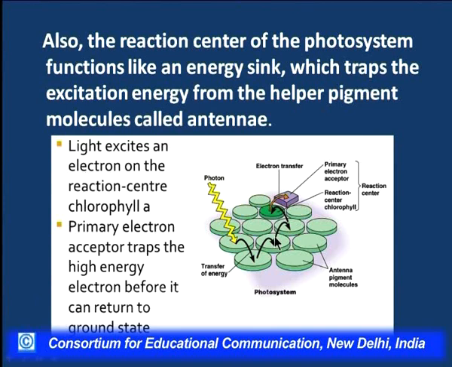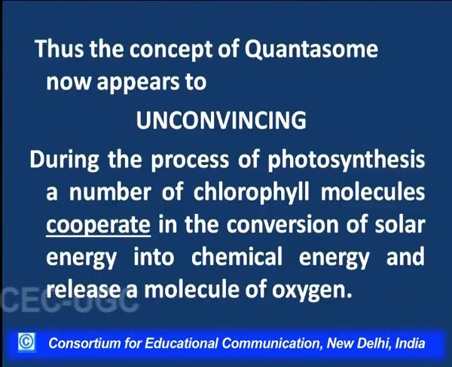Once it returns to the ground state, it would again require an expenditure of energy, or energization. Ultimately the energy reaches the reaction center, and it is this reaction center which gets energized and then loses its electrons to the primary electron acceptor, which accepts it, and then the subsequent reactions continue.